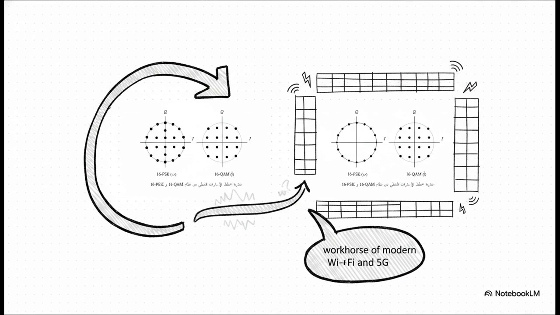That's phase shift keying, or PSK. But if you get clever and use both amplitude and phase at the same time, you can create a perfect grid of data points, just like you see on the right. This is quadrature amplitude modulation, QAM for short, and it is the absolute workhorse of modern Wi-Fi and 5G.